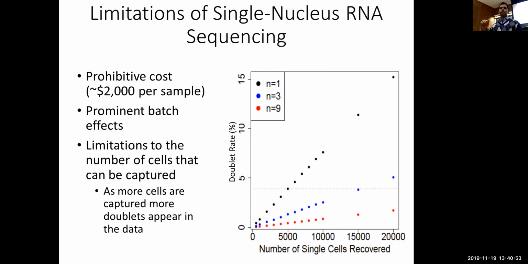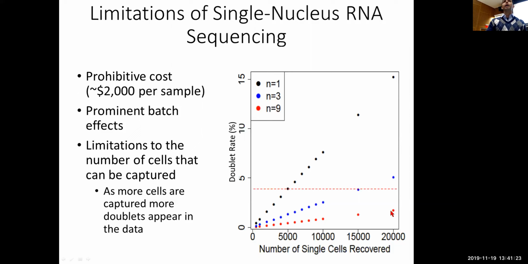The only thing is that as I'm adding them all into my suspension, I'm mixing in cells with different colors. So when I have a doublet, if I see red and green barcodes together, I'm like, oh, that's a doublet. I shouldn't study it. Does that make sense? So that allows you to dramatically reduce the number of undetected doublets.